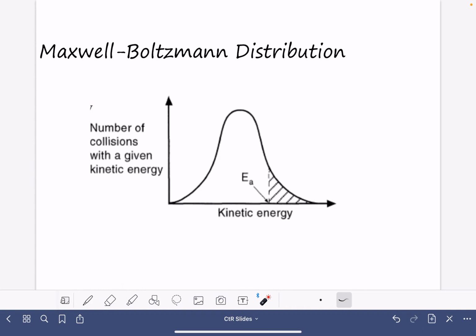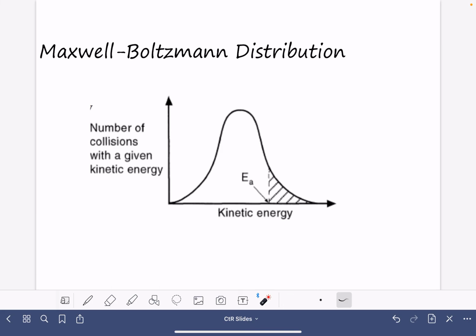We've already defined temperature as the average kinetic energy of all the particles in a reactant. So it's the average, which means some of the particles are hardly moving at all, some of them are moving super fast, and most of them are somewhere in the middle. Every reaction will have the activation energy, which is the minimum energy required for the reaction to happen.